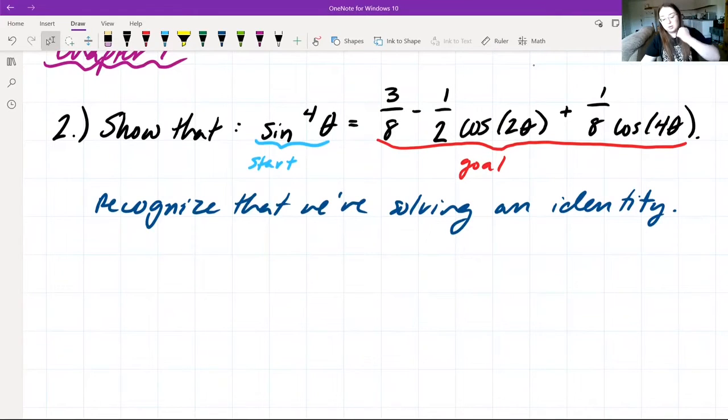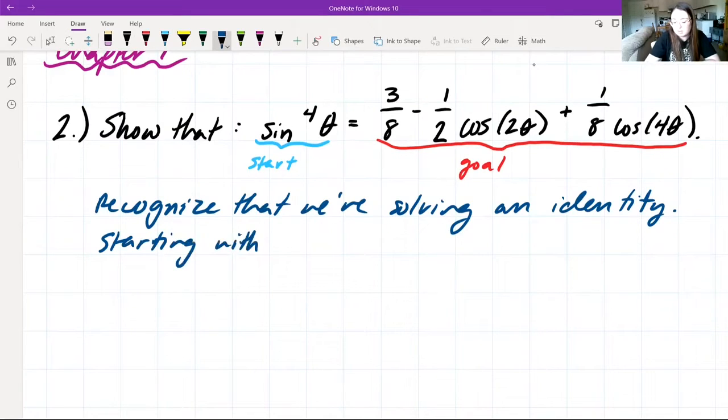So if we want to start at sine to the power of 4 theta, we can go ahead and expand this. So we can just say starting with sine to the power of 4 theta.